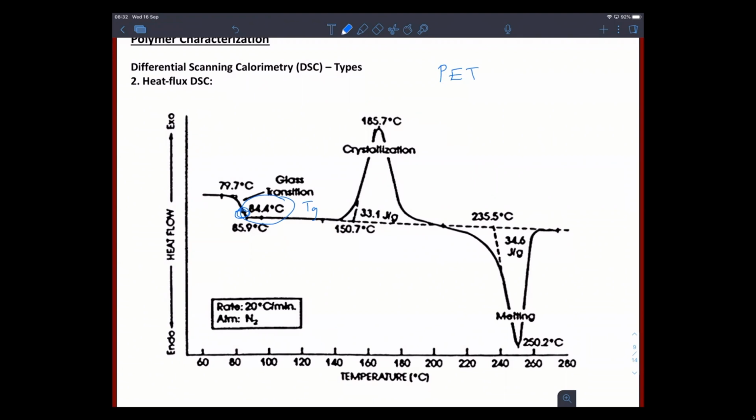Then we go through a cold crystallization phase, which happens around 185.7 degrees C. And then we go through our melting phase, which is here, which is 205.2 degrees C.